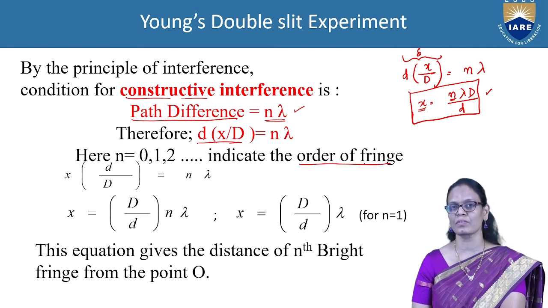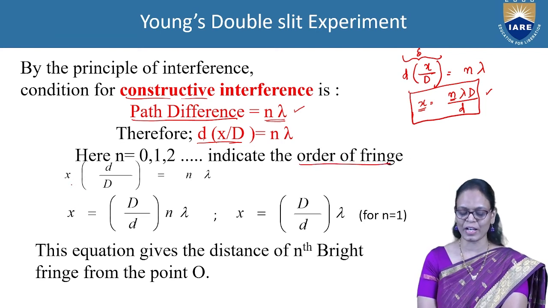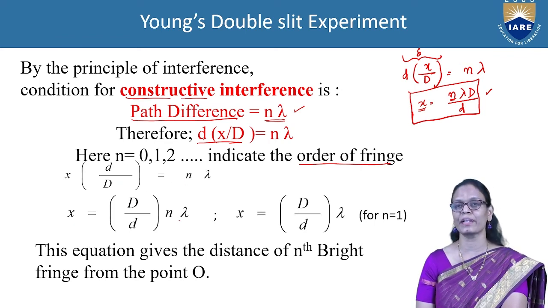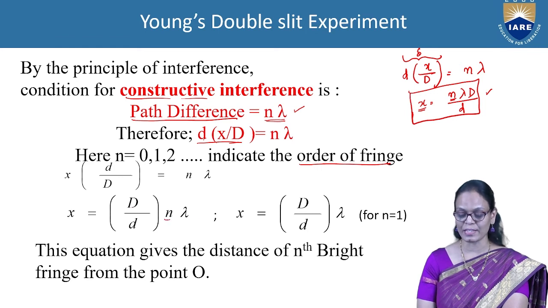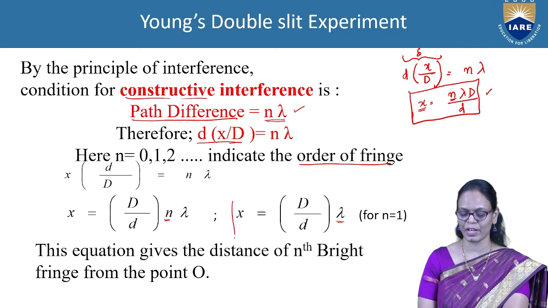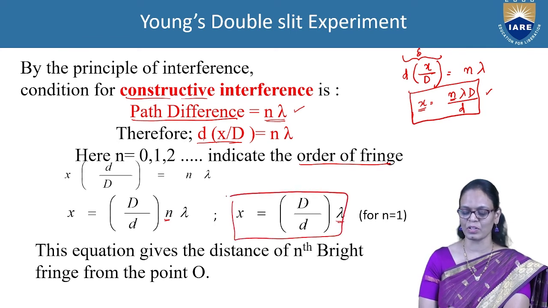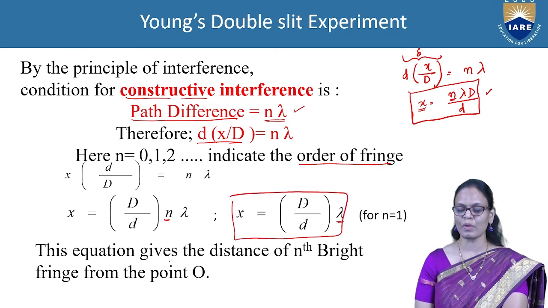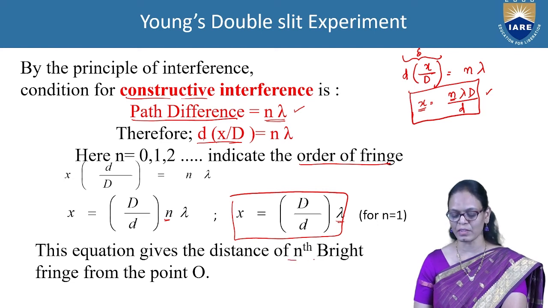So when we are writing X into d by D is equal to n lambda, we are writing X is equal to capital D by small d into n lambda. Or if n is equal to 1, we have capital D by small d into lambda. So we are writing for n is equal to 1.